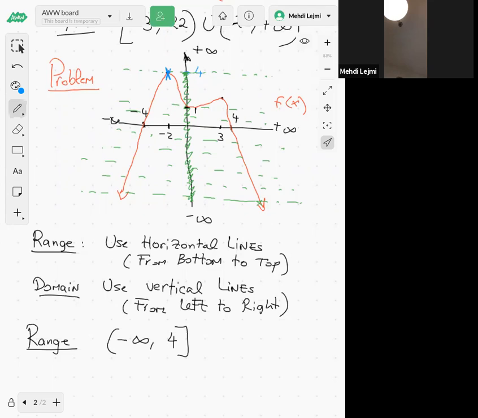The x-intercept, guys, is just the intersection of the graph with the x-axis. The x-axis is the horizontal axis, right? So where do we have intersection with the graph? The x-axis intersects the graph at this point here and this point. That's -4 and +4.